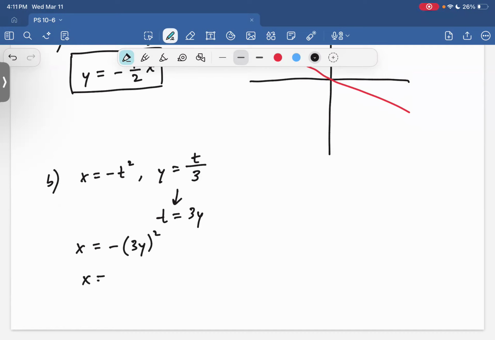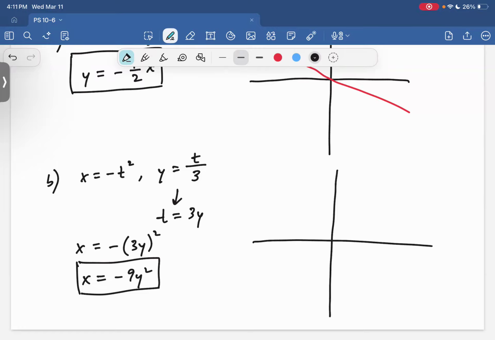So our equation is x equals negative 9y squared. If you convert this into the standard form for a parabola, you would find that this is a parabola opening left.